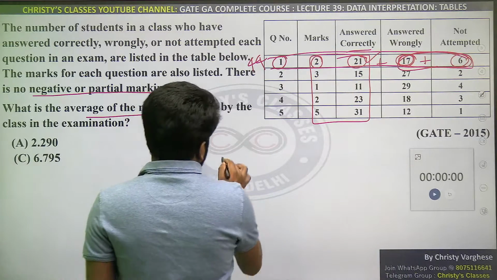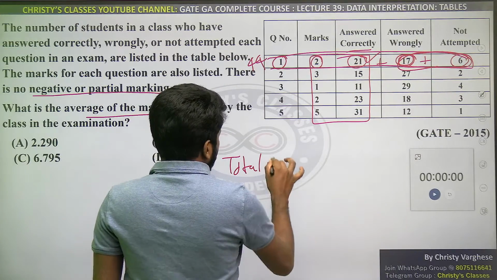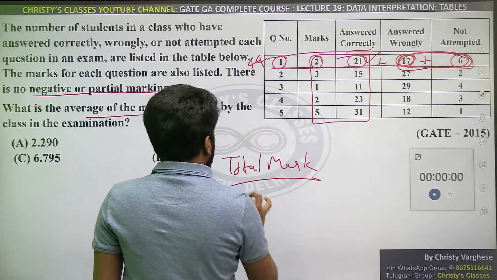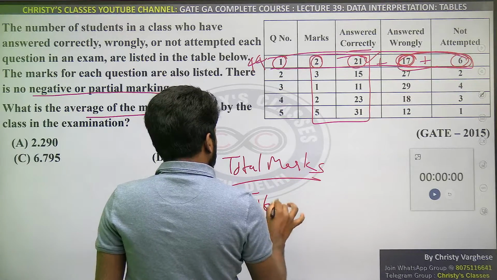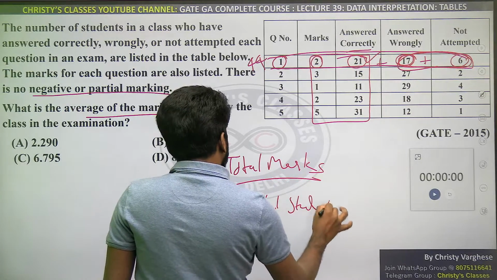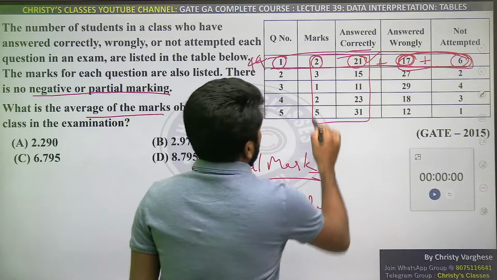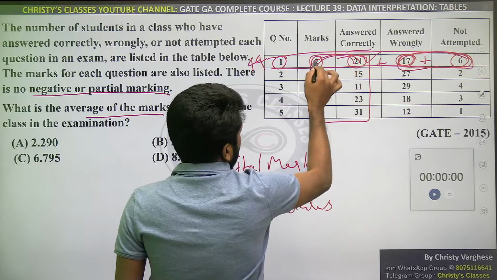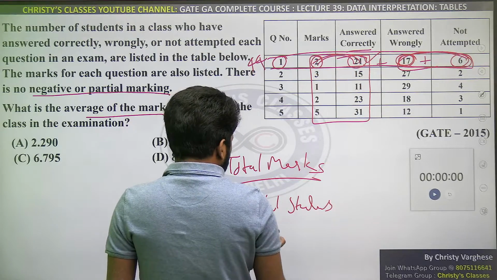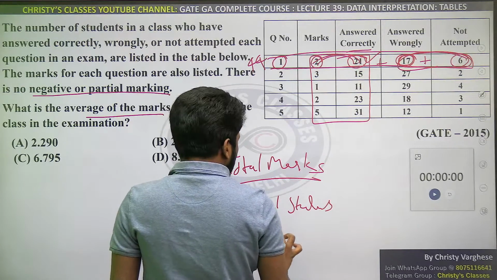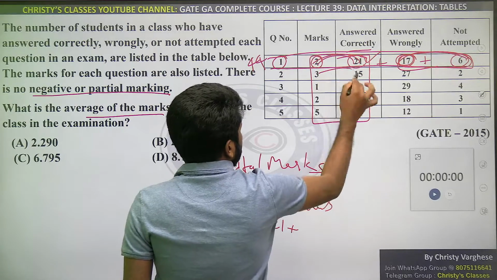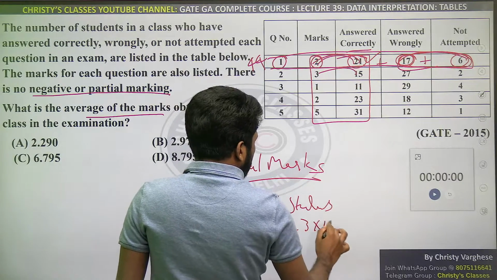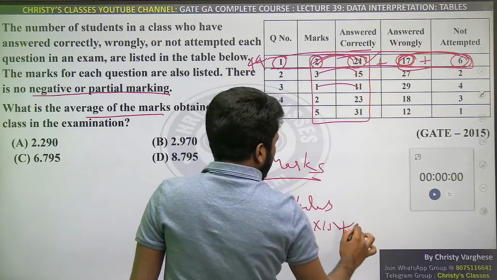So for the average mark, we have to find the total marks divided by the total students. How much will the total marks be? 2 into 21, because 21 answered correctly and each carries 2 marks. So 2 into 21 plus 3 into 15 plus 1 into 11.